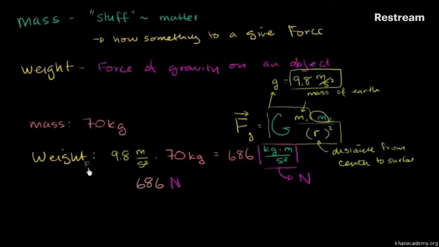If I were to take my weight on the moon, and I haven't looked this up before the video, and you can verify this for me if you like, but I'm told that the gravitational attraction at the surface of the moon is about 1/6 that of the surface of the Earth.